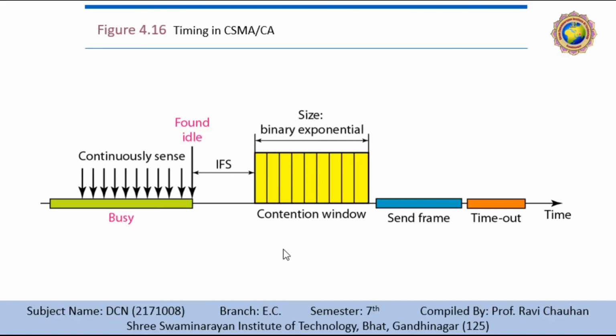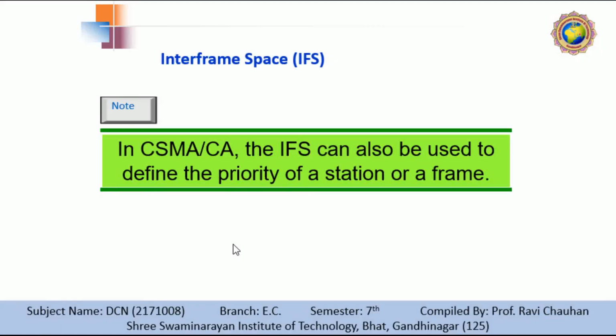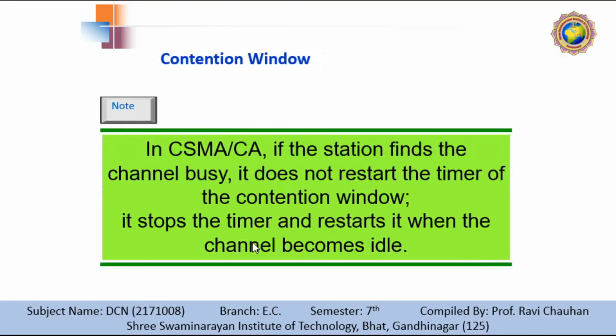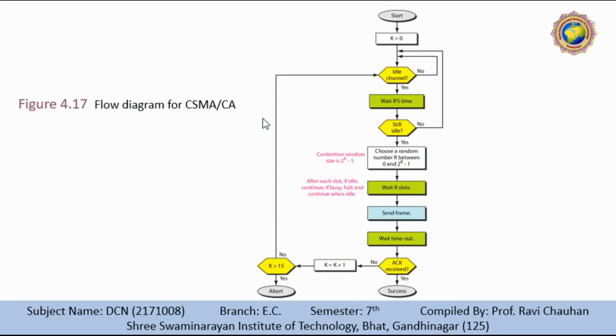We have discussed three methods for the same: the contention window, acknowledgement and interframe space. It is a flowchart for our CSMA CA.